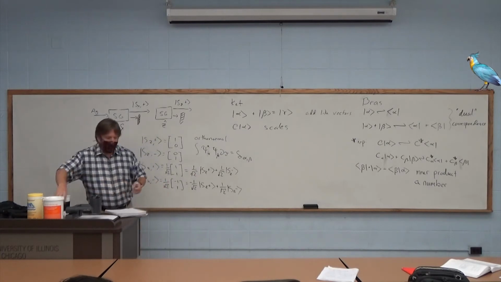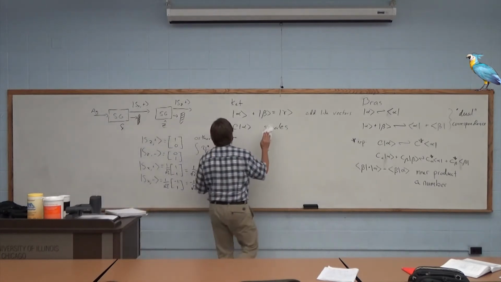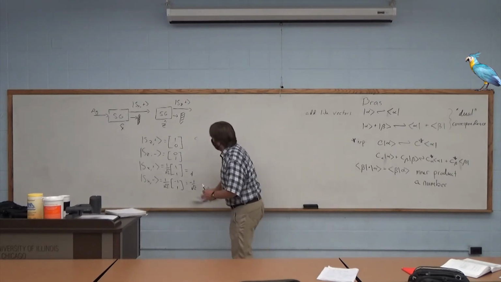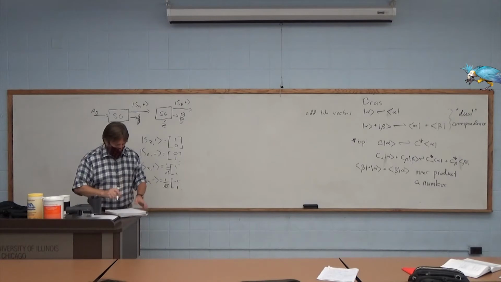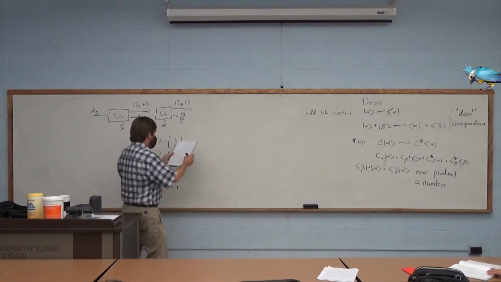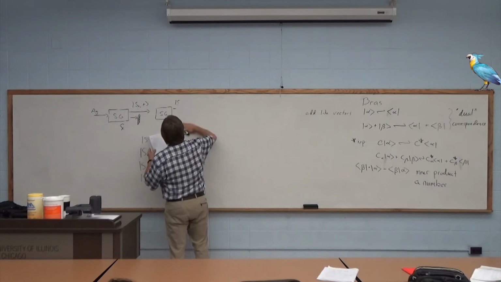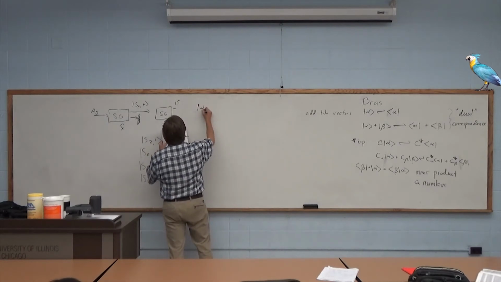Okay, more properties. Let me wipe this out. And this is all in your book. I'm just writing it again because you just need to see this over and over again.